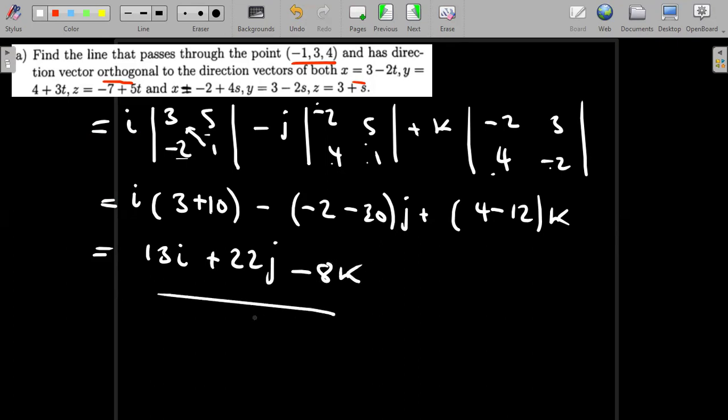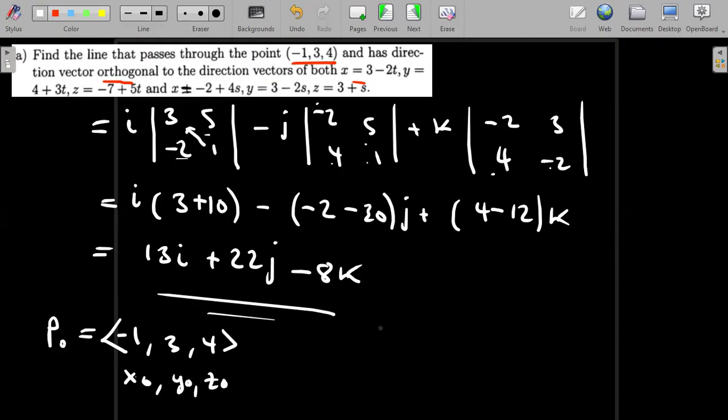So here this is my vector, which is orthogonal there. Then they have already given me a point, which we just call P naught. Then the point is negative 1, 3, and 4, which represents X naught, Y naught, and Z naught.